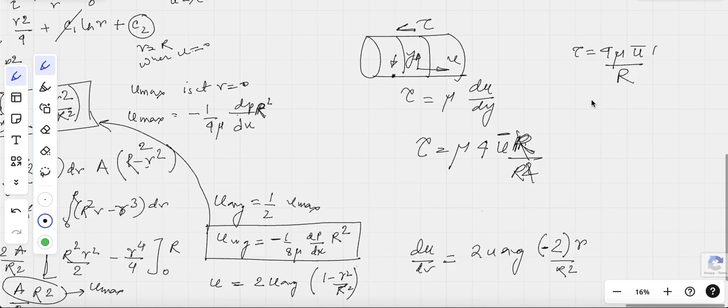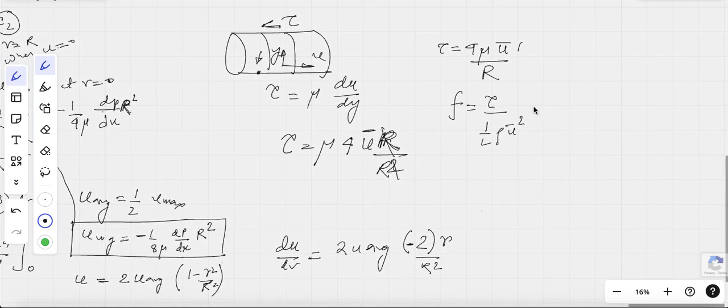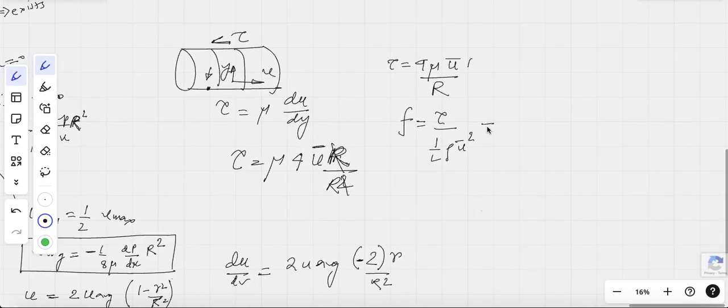We know friction factor is tau by half rho u average square. This will give us 4 mu u average divided by R, 8, 2 goes up, rho u average square.